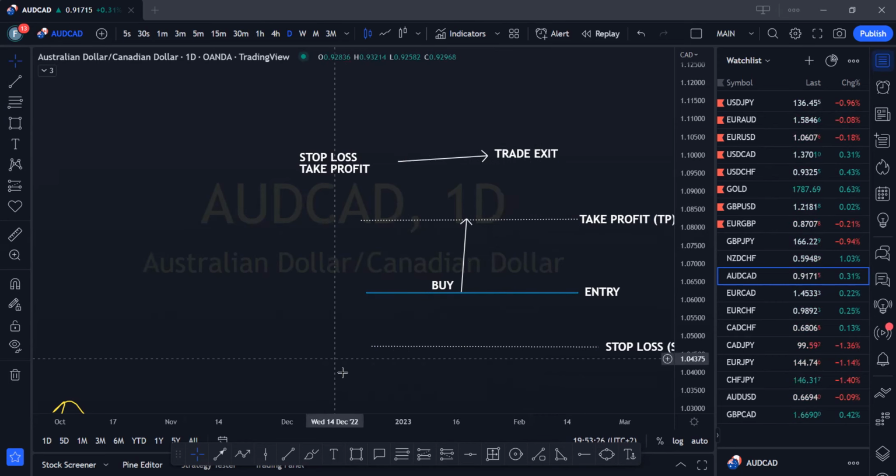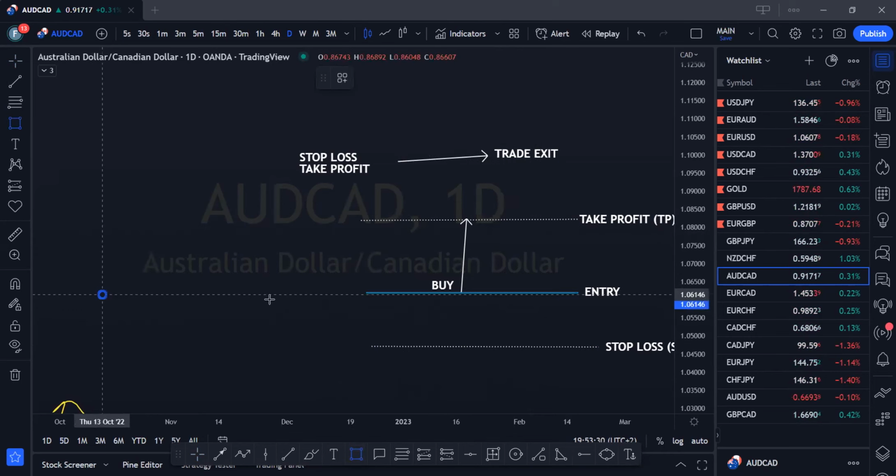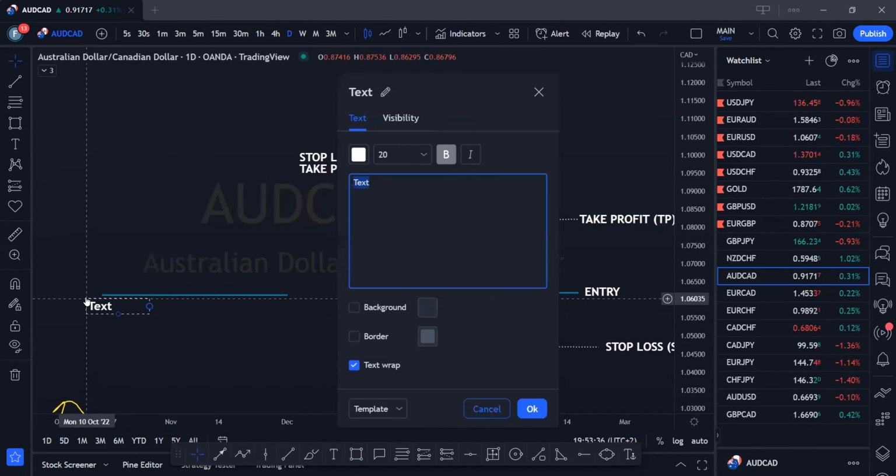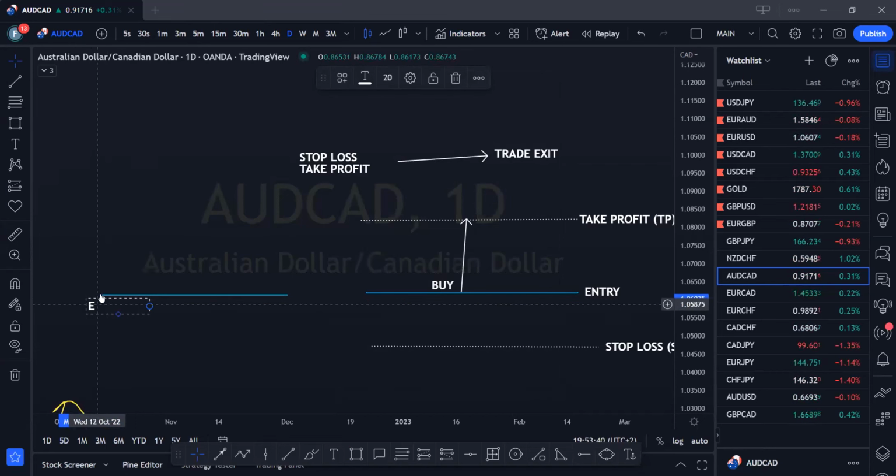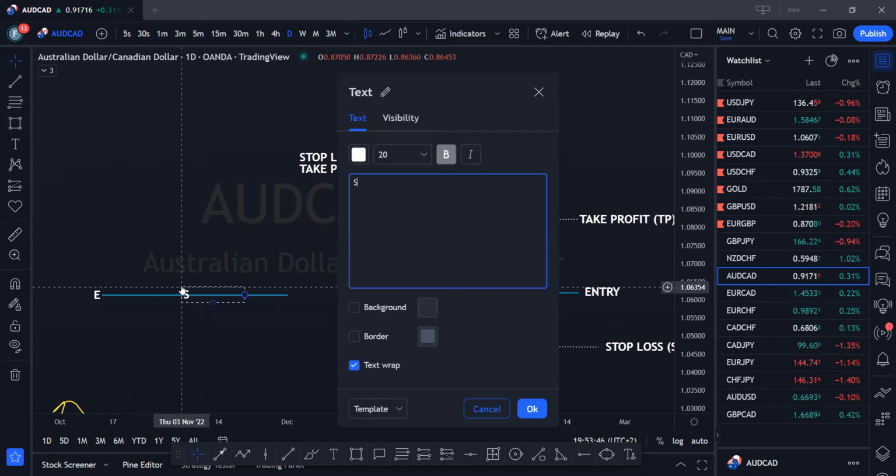Okay, so on the flip side, let's do a sell scenario. So for a sell scenario, let's say this is your entry. So let's use entry as E. So you took an entry here for a sell.